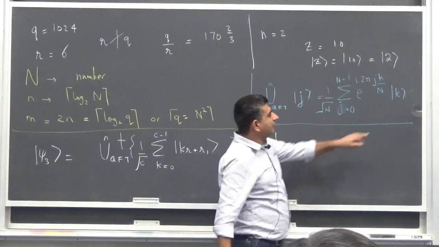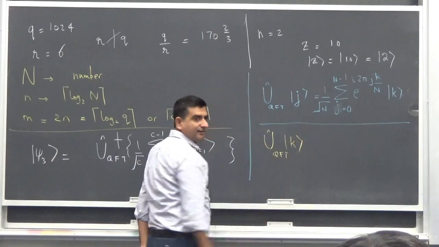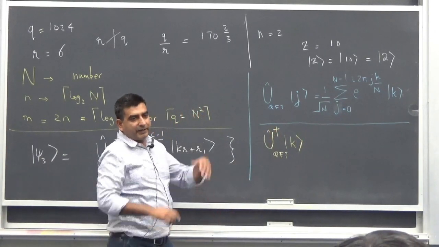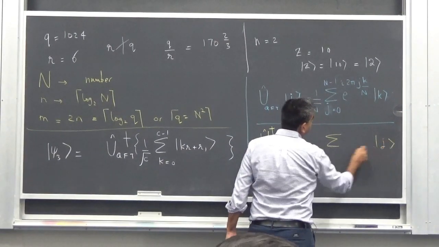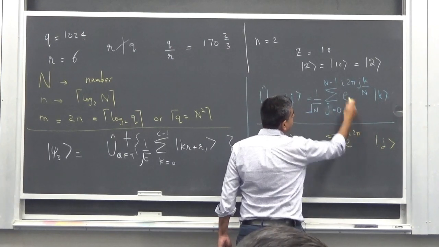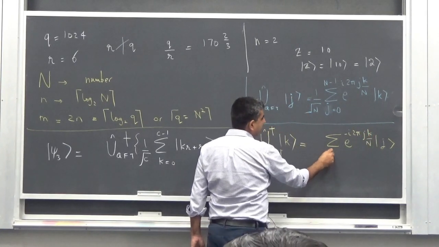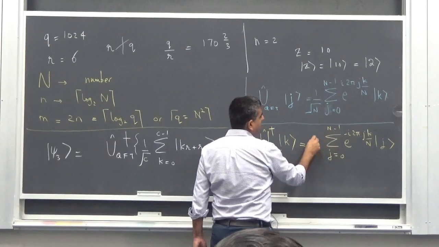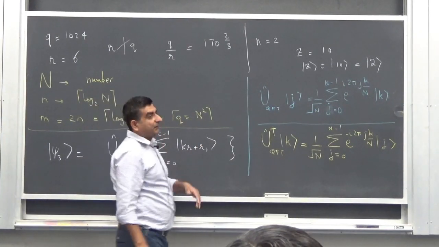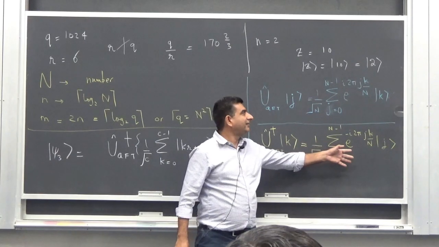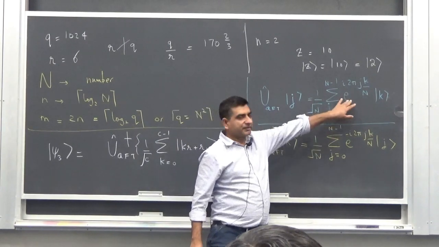If I were to take the inverse Fourier transform of ket k, it would be a sum of all the ket j's with e^(-i 2 pi jk / N), so this sign is switched, with j going from 0 to N minus 1, and a normalization of 1 over root N. This is the definition, and as we've done in class, the matrix formed from this definition is indeed the inverse of the matrix formed from these coefficients.